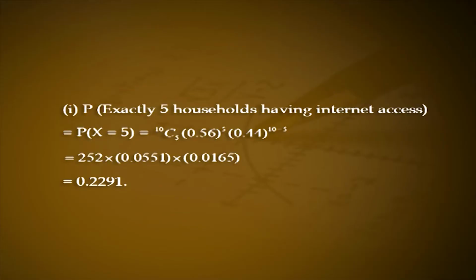Probability of exactly 5 households having internet access is P(X = 5) = 10C5 (0.56)^5 (0.44)^(10-5), that is 252 into 0.0551 into 0.0165, that is equal to 0.2291.